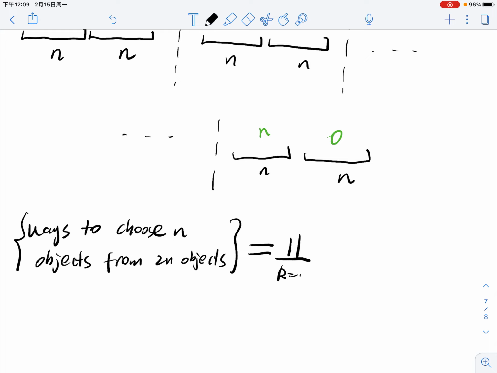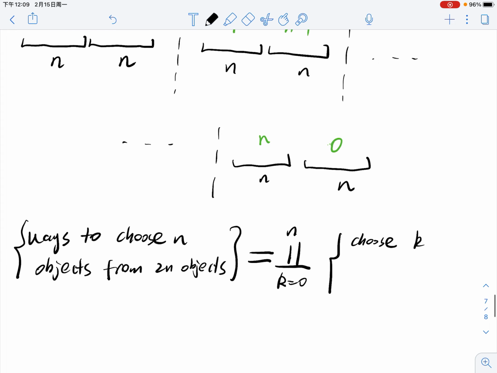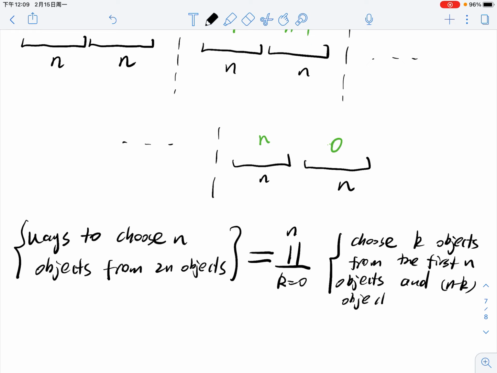For k from 0 to n, choose k objects from the first n objects and n minus k objects from the second n objects.